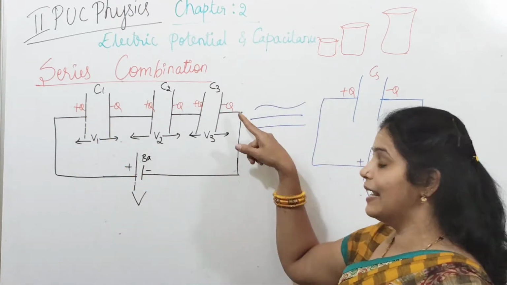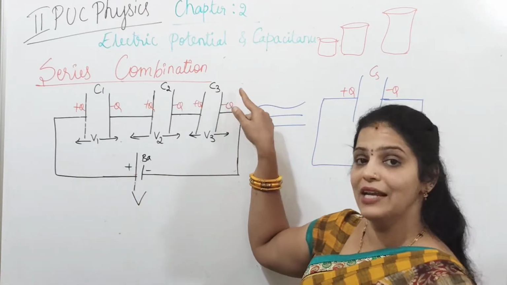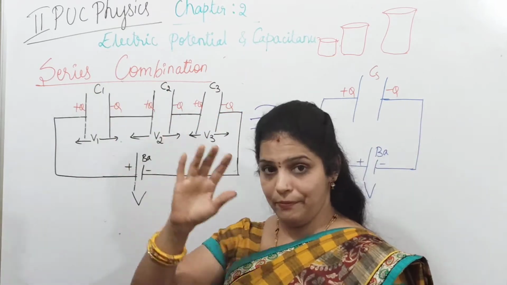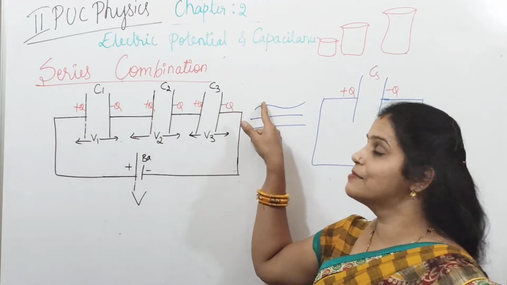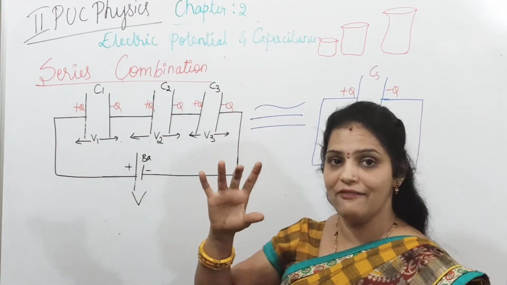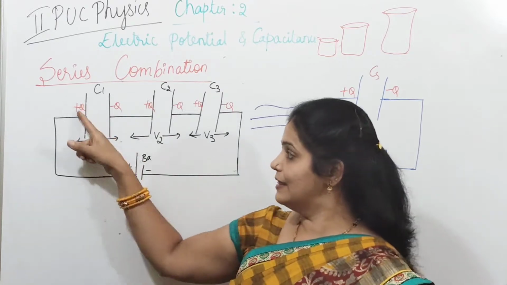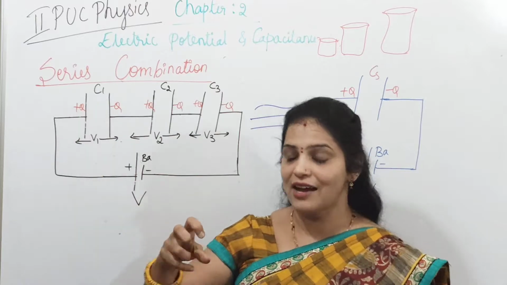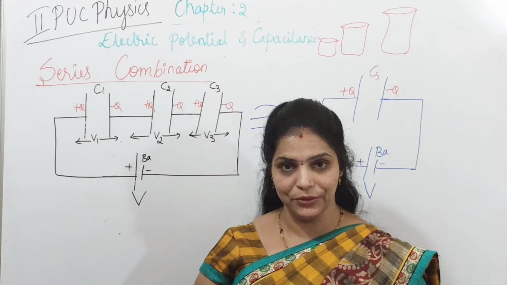The last plate gains the same number, 5 electrons, and hence it will have minus 5e. If it loses n electrons, then it is plus ne, and the last one will have minus ne. Like this, the charges gained by these two plates will be the same: the first plate gains positive charge, the last plate gains negative charge. Is it clear?